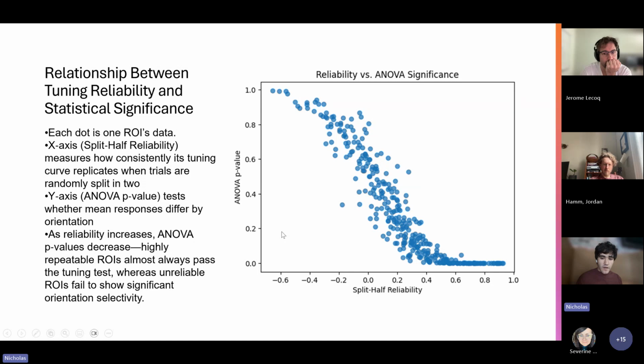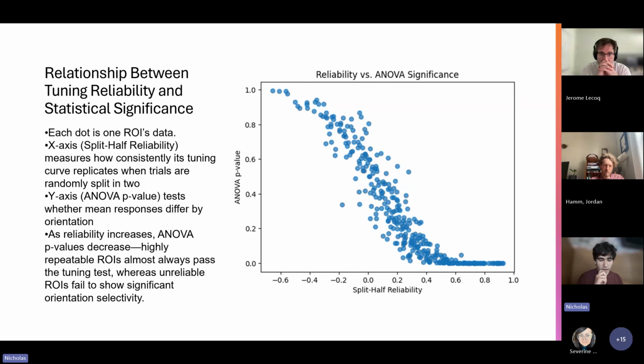here you see a scatter plot looking at, on the one hand, this split-half reliability metric, which is a measure of the Pearson correlation between orientation tuning vectors after performing the methodology I described earlier, and the ANOVA p-value.